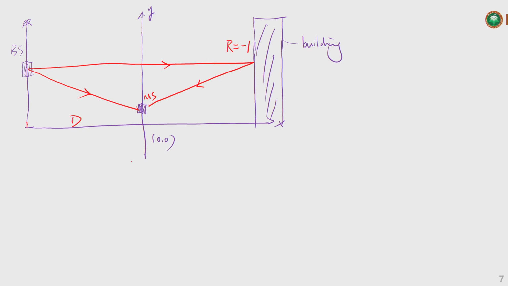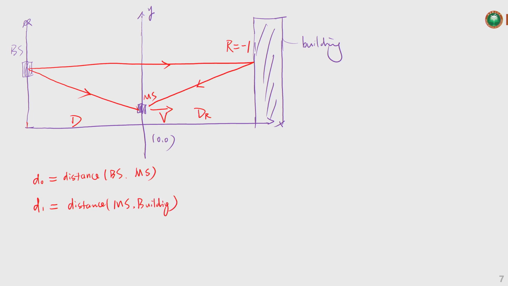So this is D, and here is dr. However, when our mobile user moves along this direction with constant speed V, we let D0 represent the lateral distance between the base station and the mobile user, and we let D1 represent the distance between the mobile user and the building.